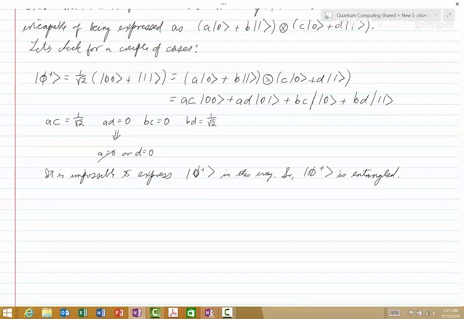Now, just to do another example, to make sure that this is clear, let's look at problem 3.5 in your book.